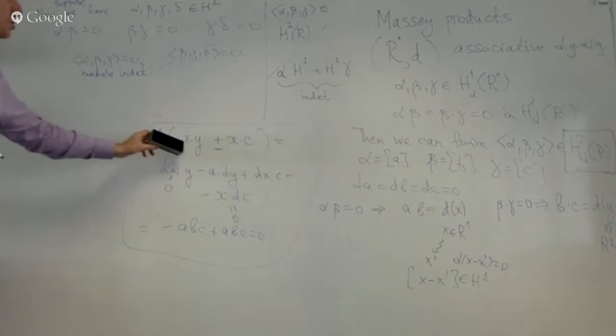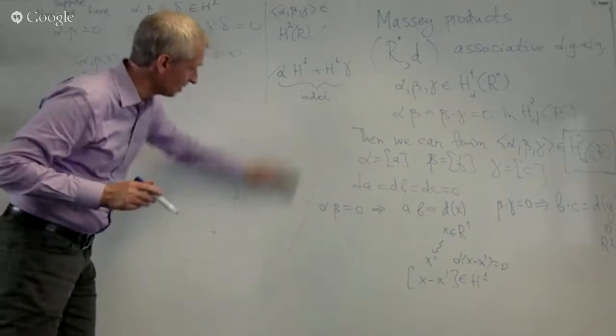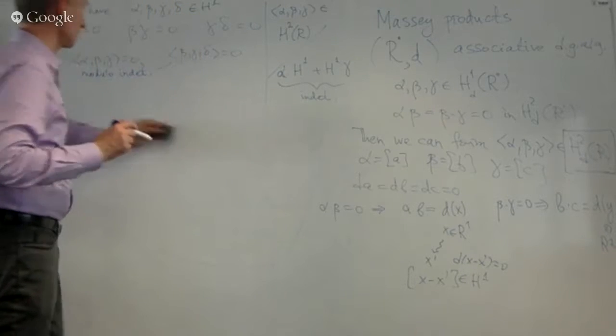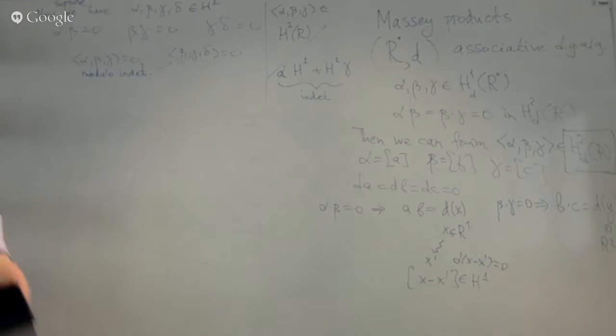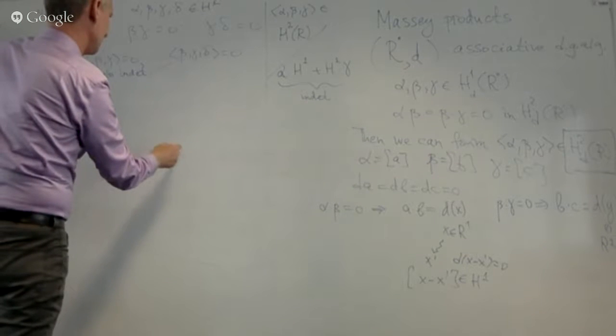It's a cocycle. So I write alpha beta equals 0, I have AB equals dx.